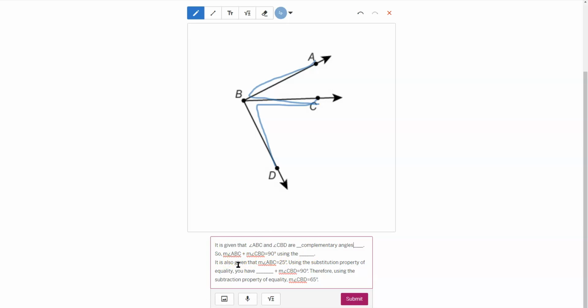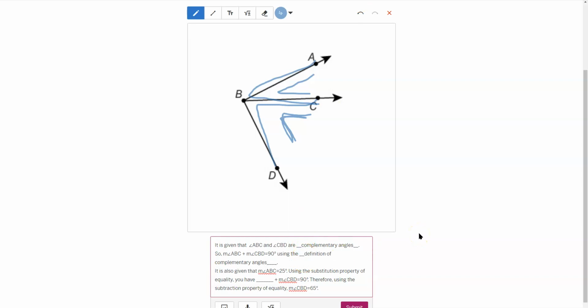So the measure of angle ABC again here, plus the measure of CBD equals 90 degrees. Yes, this is true. We can prove that using the definition of complementary angles, because we know that complementary angles add up to 90 degrees. It is also given that the measure of angle ABC equals 25 degrees, using the substitution property of equality.